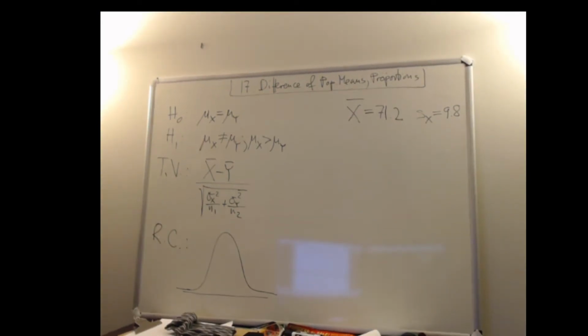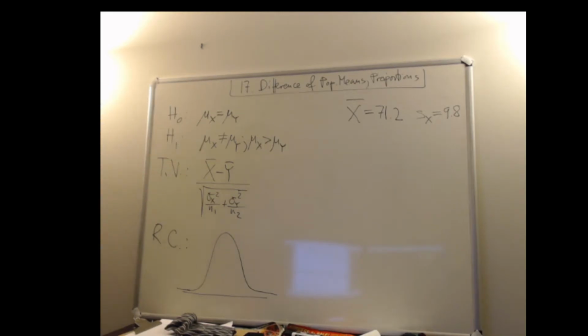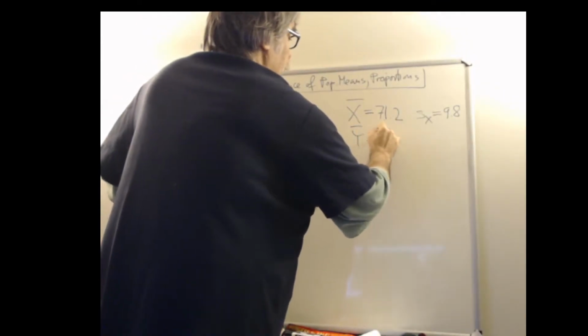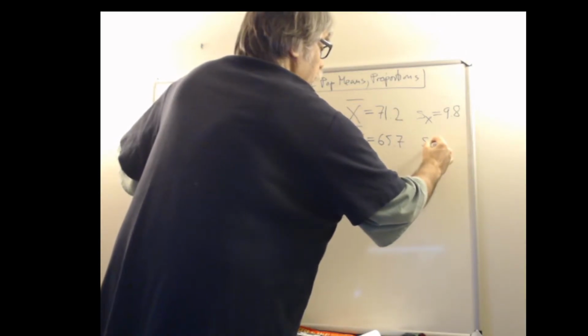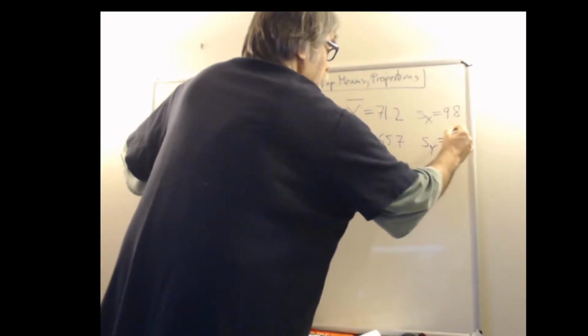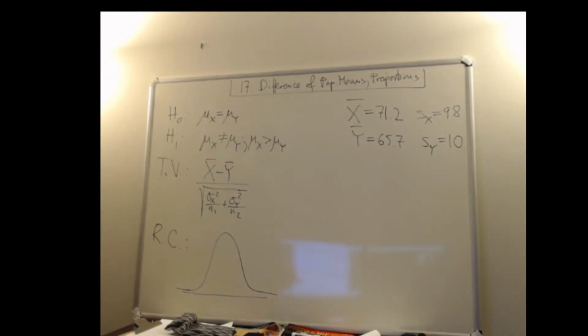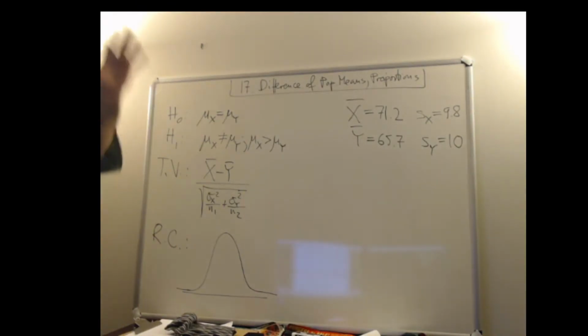In the afternoon group of 33 students, the score was worse. They got a D plus, 65.7. They also not everybody gets the same grade, so the standard deviation is 10 points. So this is his story.